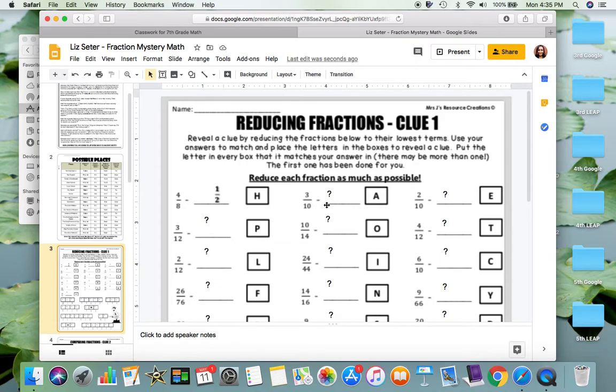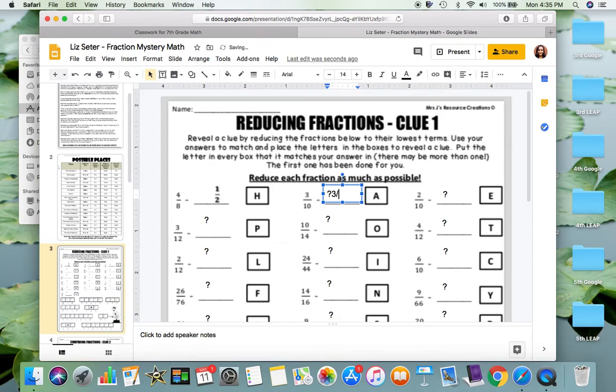This one right here I want to bring to your attention. 3/10 is already in simplest form. The only factor that is common to 3 and to 10 is 1. So in the text box over here, you can just put 3/10. If you want, erase that question mark.